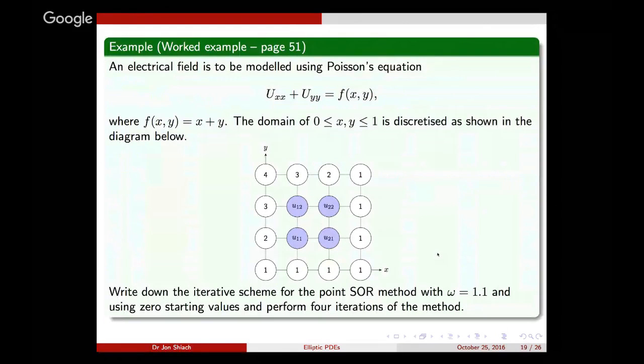We could go through the worked example. Actually, I'll do it for a couple. I won't do it as much as I did before, but let's have a look at the worked example again. That's page 51.